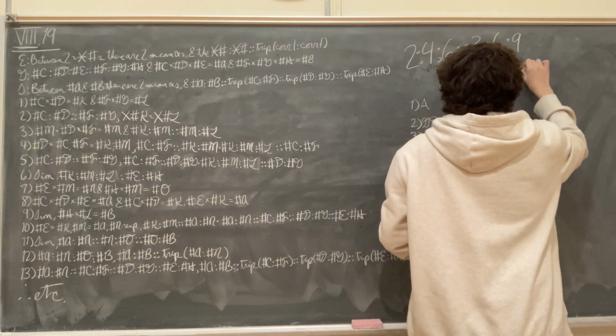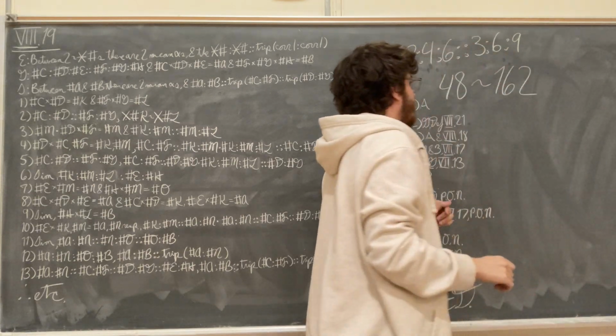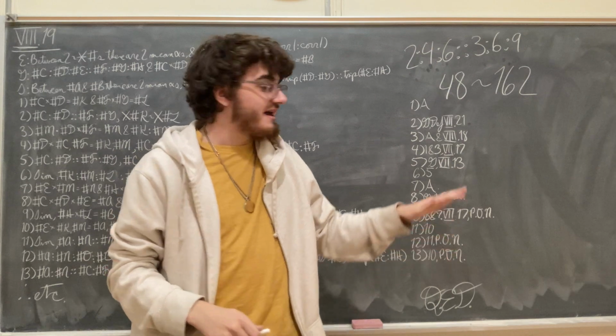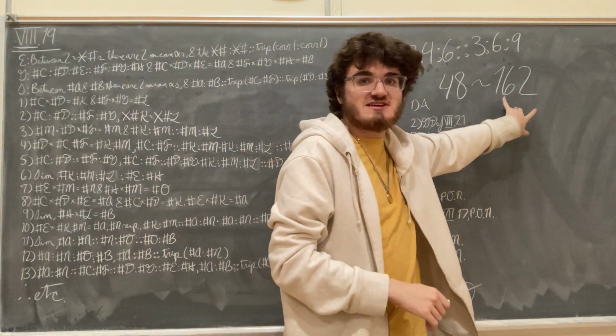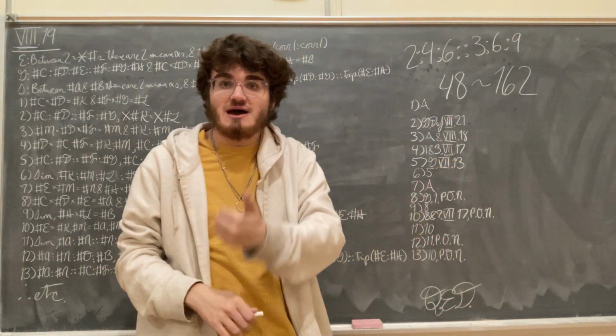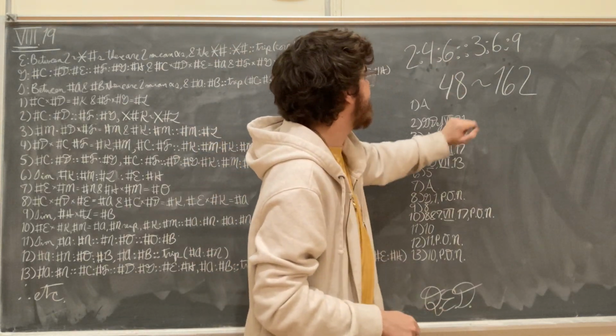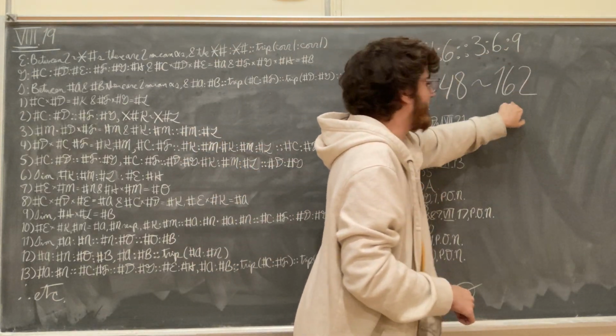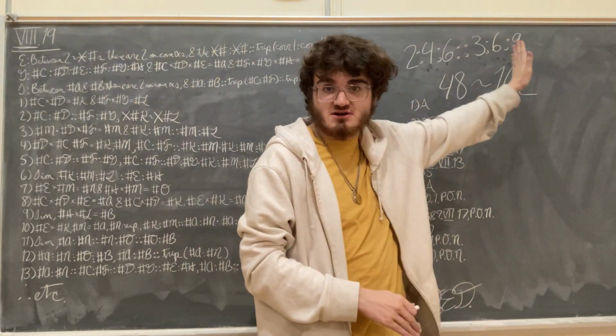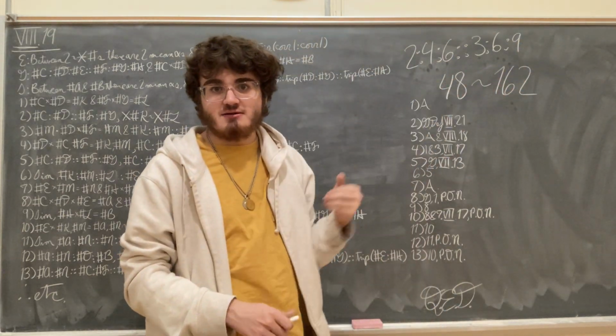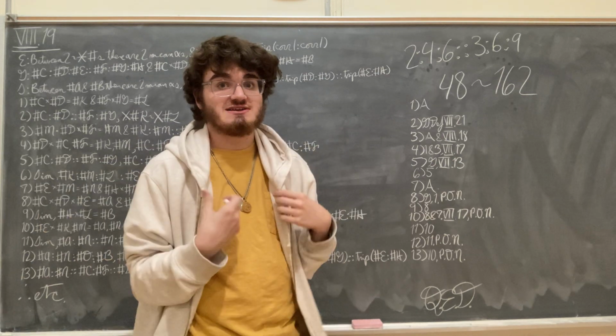Ugly numbers, I know, but gotta get an example. And so what we would say is that 48 and 162 are similar solid numbers because their sides, namely 2, 4, 6 for 48 and 3, 6, 9 for 162, are proportional. So we would call 48 and 162 similar solid numbers.